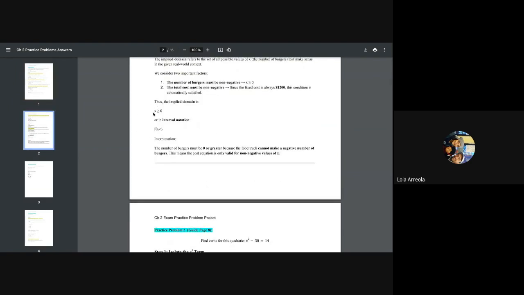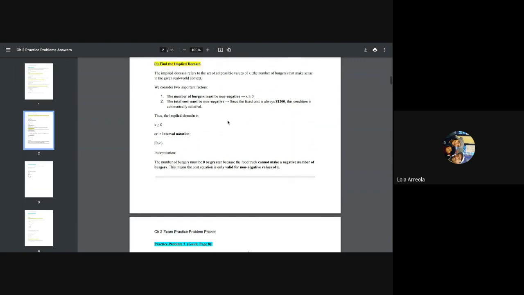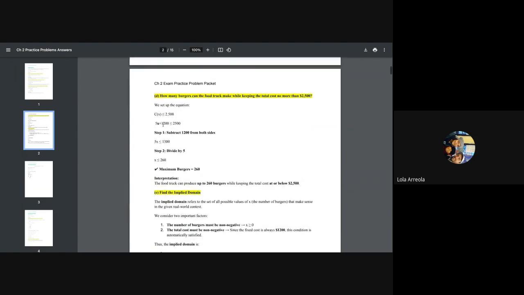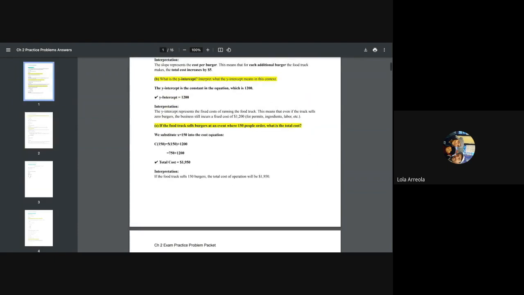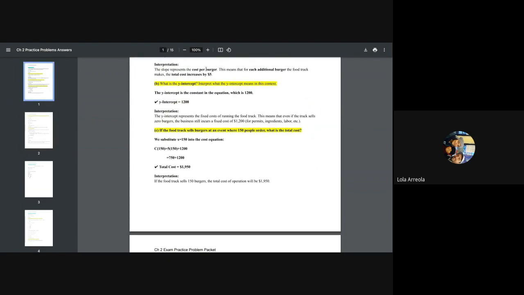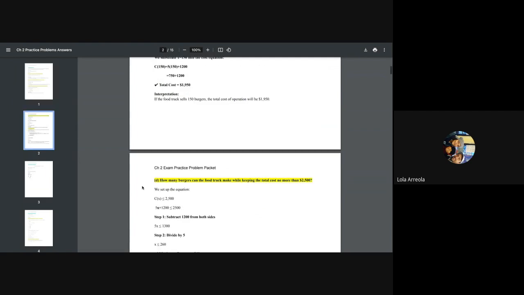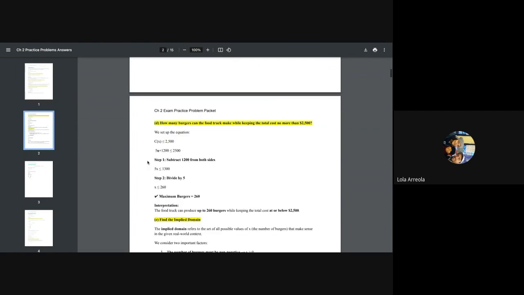So we got to be careful with that, because that's just thinking logically. Again, domain, we look at different scenarios, right? We look at, do I have a square root? Do I have a fraction? In this problem, I don't have a fraction. I have a linear equation. So usually with a linear equation, y equals mx plus b, like my cost function, the domain would be all reals, but we got to think about it logically now.